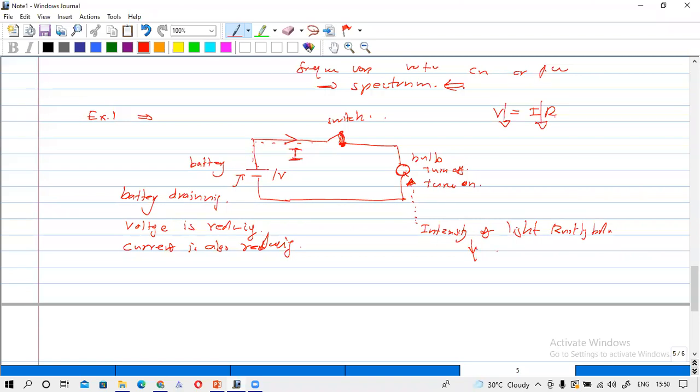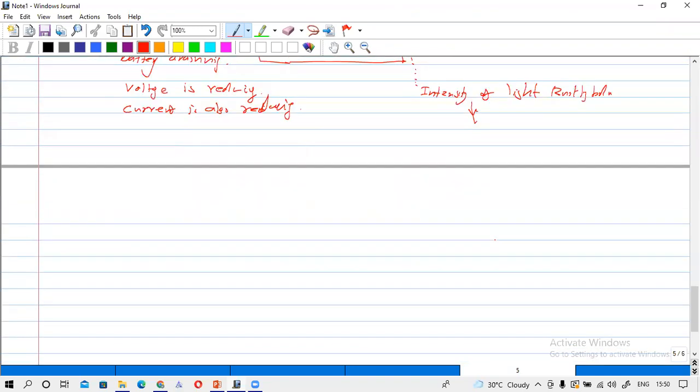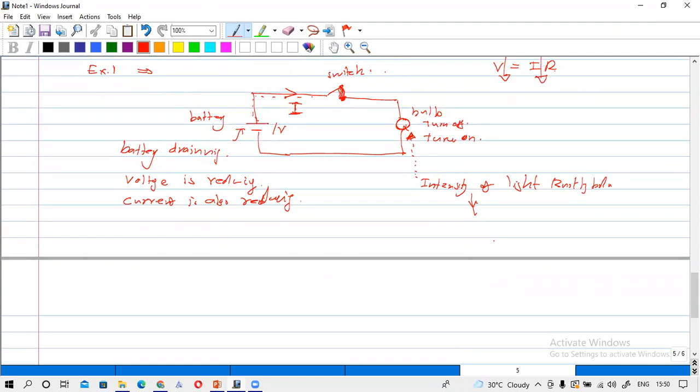Okay, so if we graph this, here you can have three values, no? Voltage, current, and the intensity of light emitting from this bulb, or you can say that it is the power dissipating from this bulb.